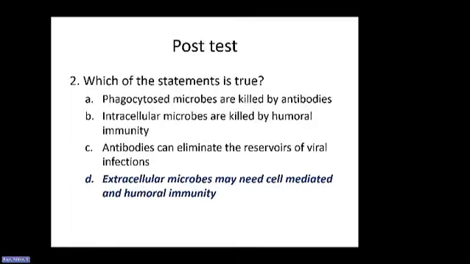That's correct. So phagocytosed microbes are killed by the phagocytes. Intracellular microbes are killed by cytotoxic T cells. Antibodies are unable to reach the intracellular compartment, so they cannot reach the reservoirs. But the extracellular microbes will be dealt with by the B cells, humoral immunity, as well as helper T cells. So D is the correct answer.